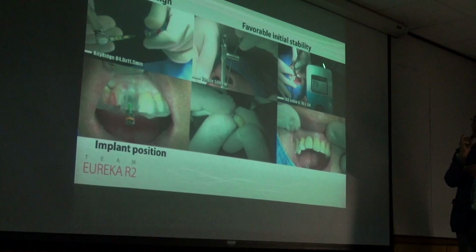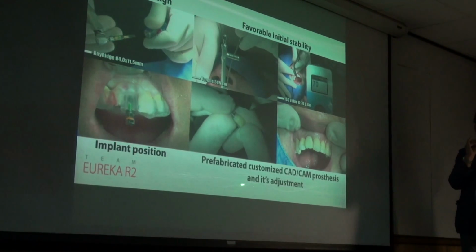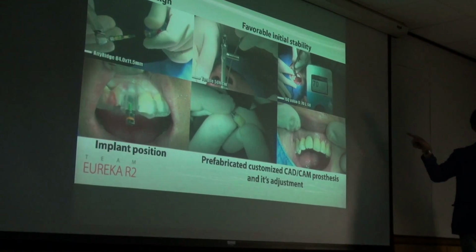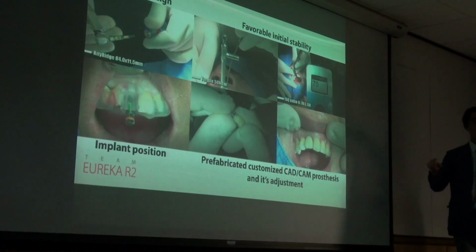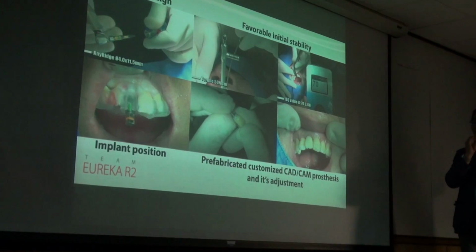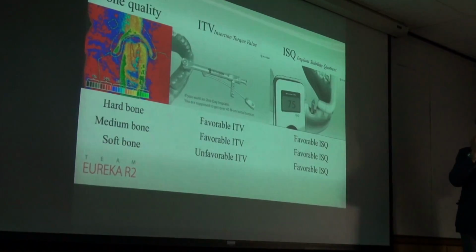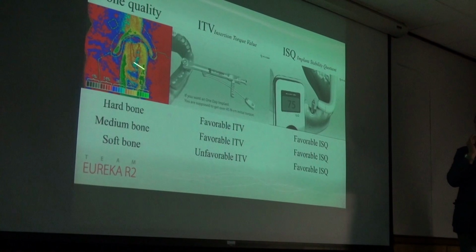And if these two signs say good initial stability, we can connect the prefabricated customized abutment. This is a very logical and scientific way, and this is the basic concept of the one-day implant system. So we have to evaluate the one factor, bone quality. We call this the diagnostic triad.